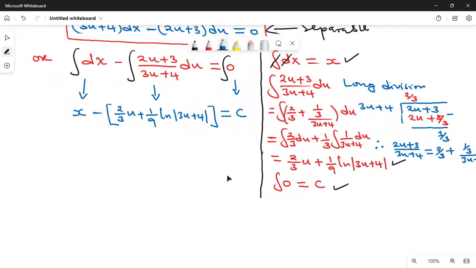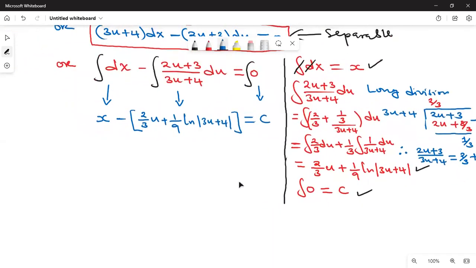But remember, you need to replace u because we need to go back to x and y. So you need to put u is equal to x plus y.